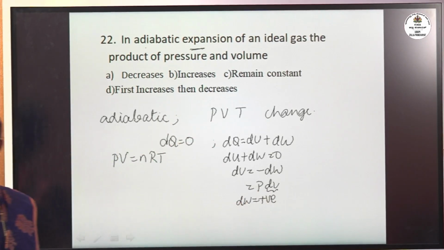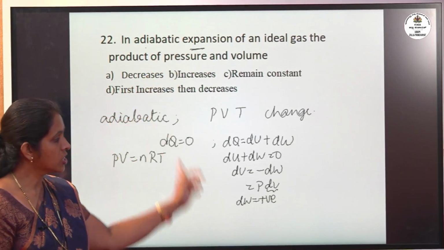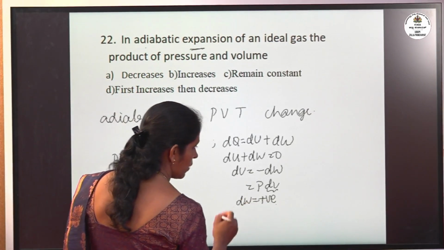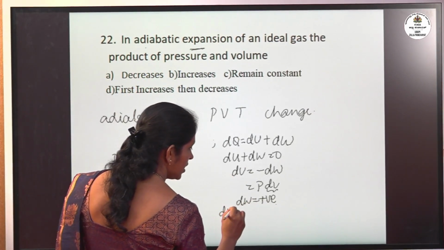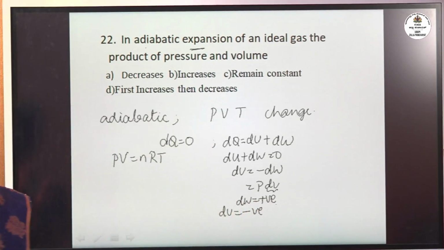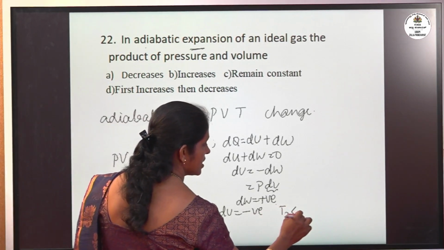Work done is a positive quantity because of expansion. During expansion, volume increases. Change in volume is a positive quantity. Therefore, the only possibility is dU is negative. dU is the change in internal energy. Internal energy decreases.